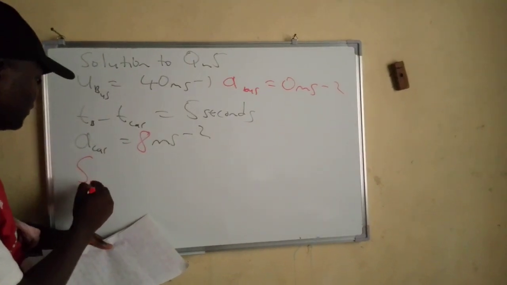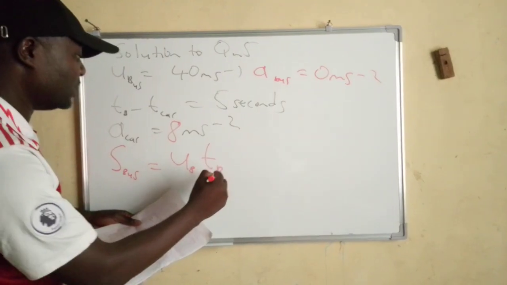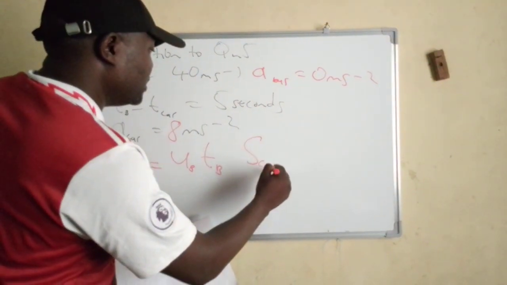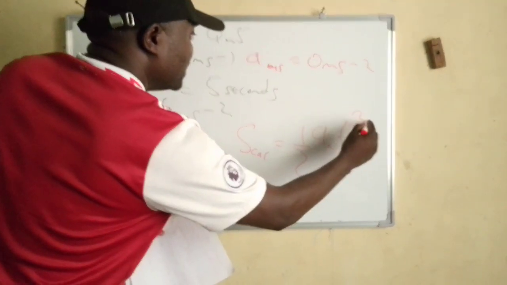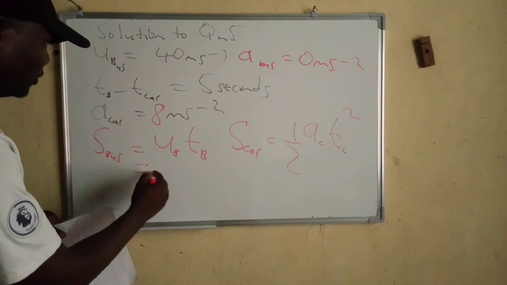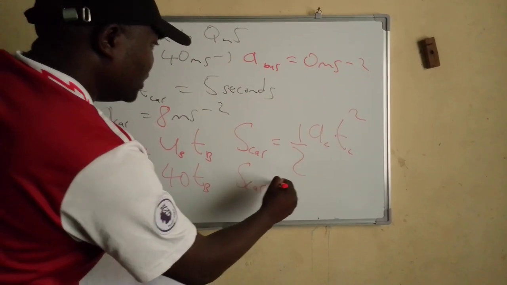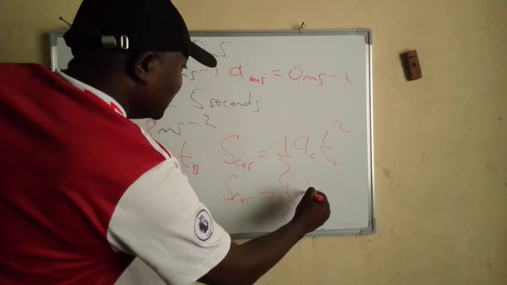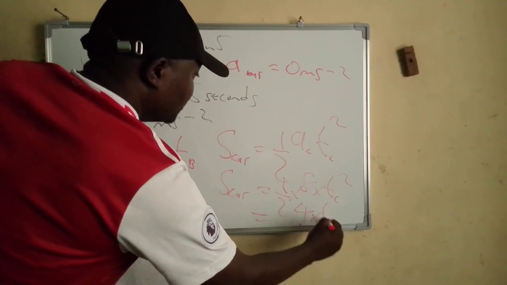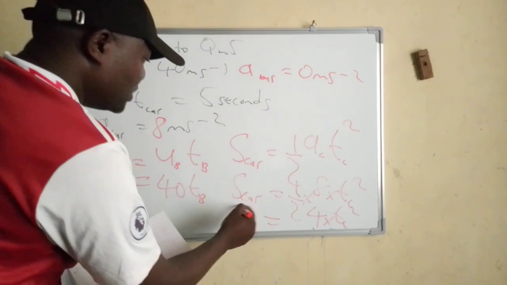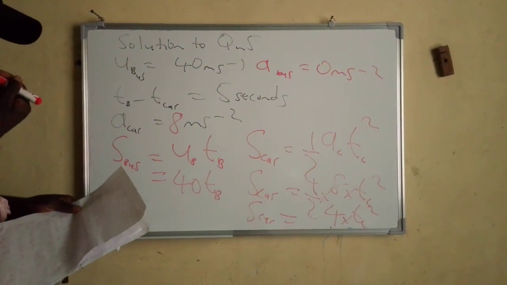So for the bus, it's initial speed times time. For the car, it's half the acceleration of the car times the time of the car squared. So for the bus it is 40 t, then for the car it's half times 8, which reduces to 4 times t_c squared. This is the equation of motion for the car, the displacement of the car, right?